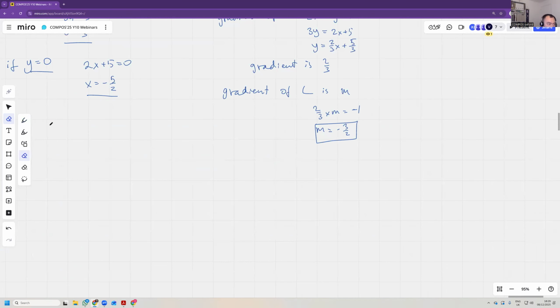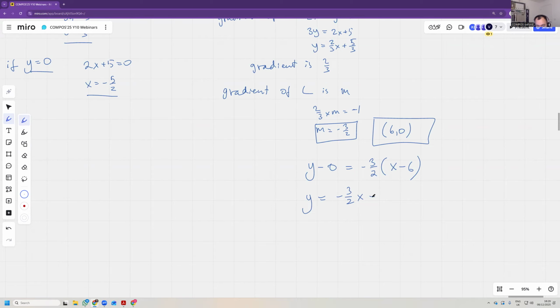So for line L, we know that the gradient is minus 3/2, and we know that it passes through point (6, 0). So we just use y minus 0 equals m, which is minus 3/2, multiplied by x minus 6. And all I need to do is open the brackets: y is minus 3/2 x plus 9.